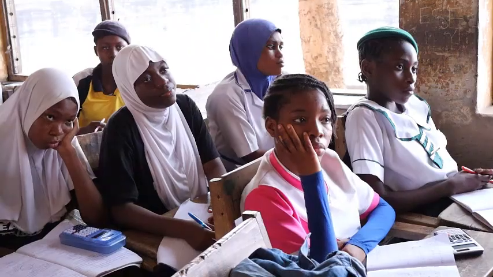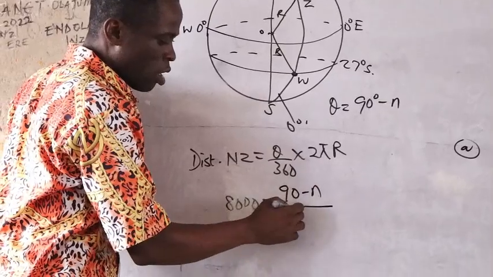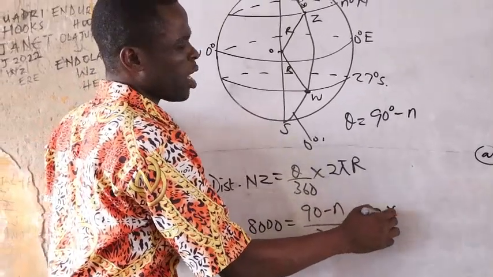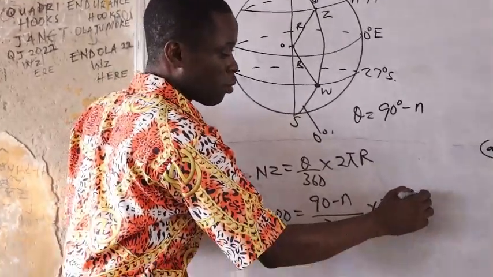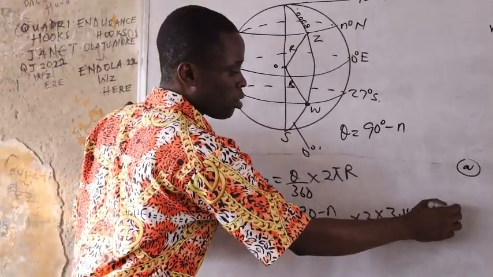So angular difference is 90 degree minus n all over 360 times 2 times pi, what is pi? 3.14. 3.14 times 6,400.